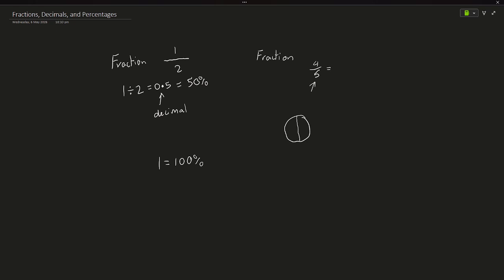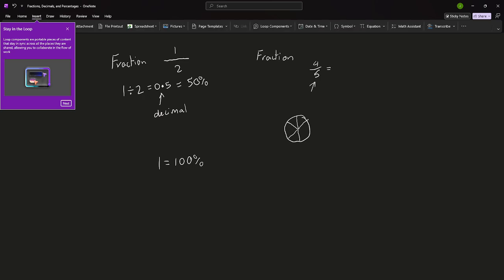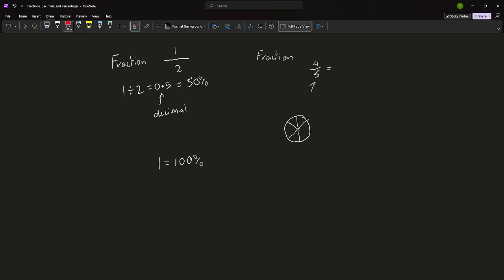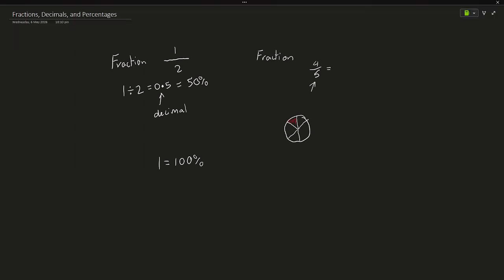Let's cut it down the middle and maybe draw a peace sign, and then maybe like that. So if I change my color, if we have 4 parts, we have 1, 2, 3, 4.